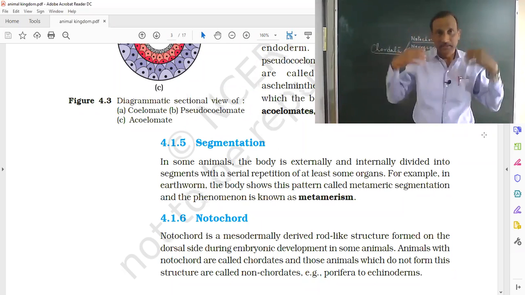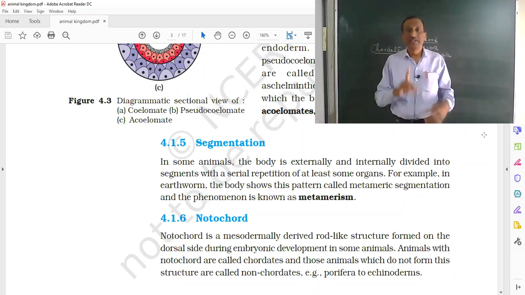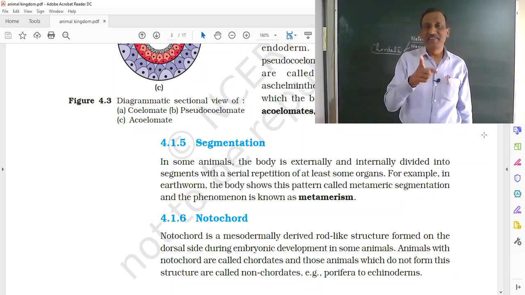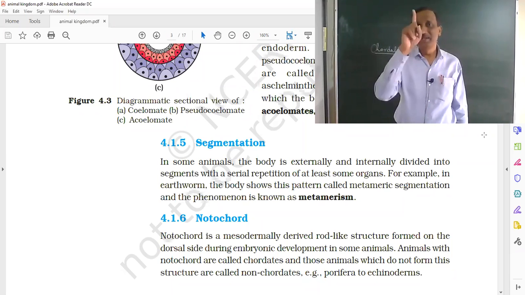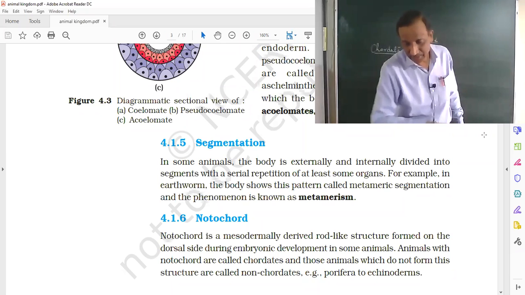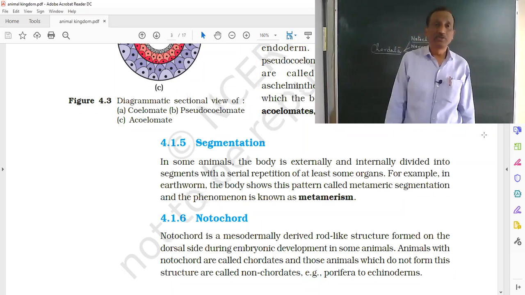But in the higher organisms, the body has one pillar. We do not call it a pillar, because when we talk about a pillar, we say that it is erect, but most chordates are horizontal to the ground.